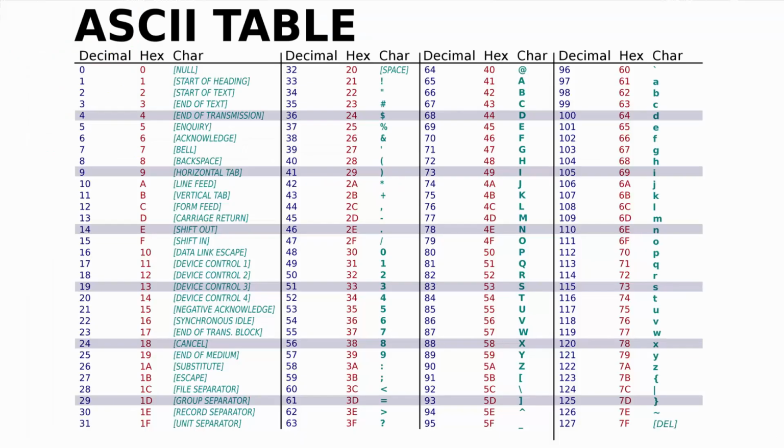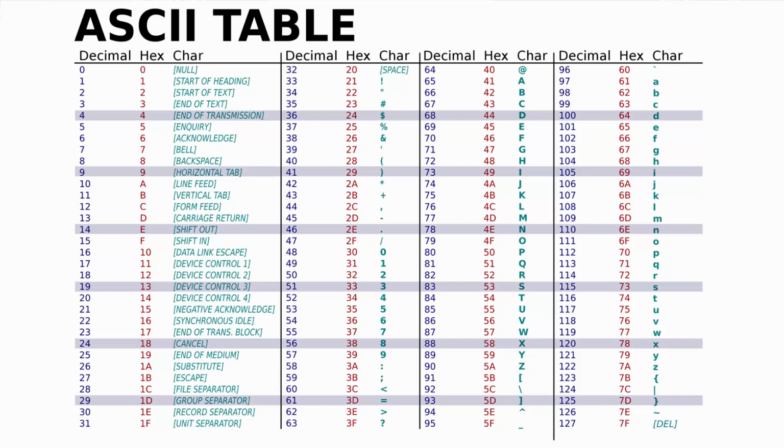Let's once again take a look at our ASCII table. You can see that the first 32 characters, from 0 to 31, are set as control characters, which are non-printable and used for various control and communication purposes.